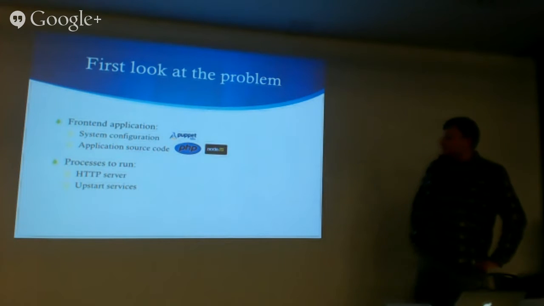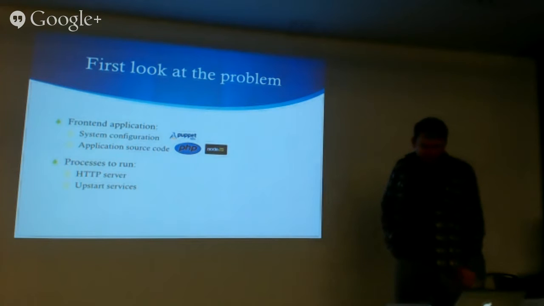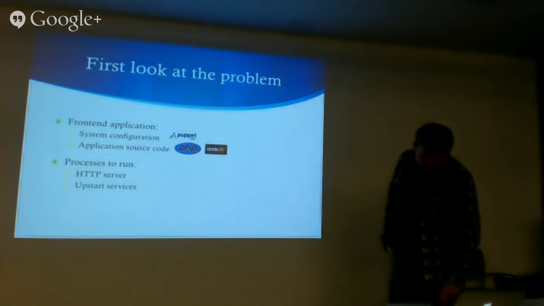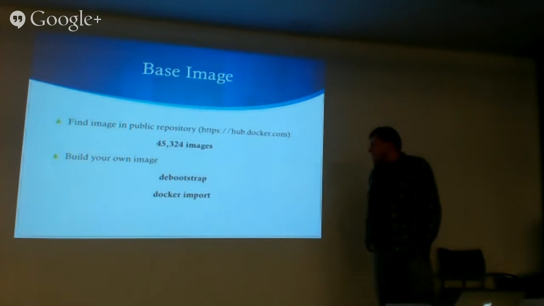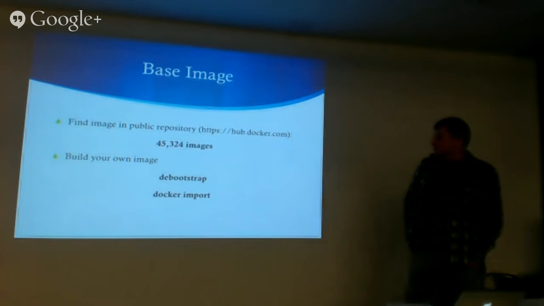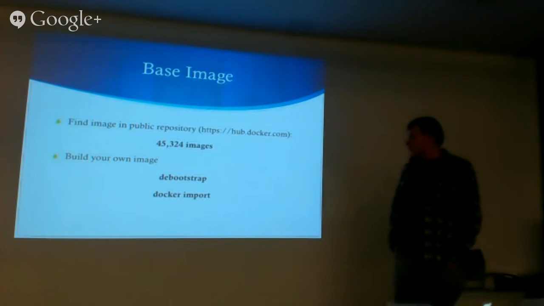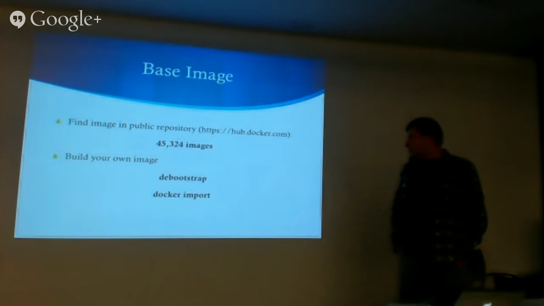When we make such basic assumptions, we can try to create Docker images for our applications. First, we need a base image. At the beginning, we thought it would be quite easy to find a proper image in the public repository. There are above 45,000 images.